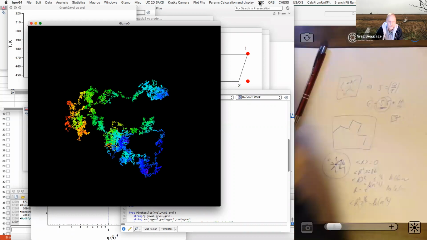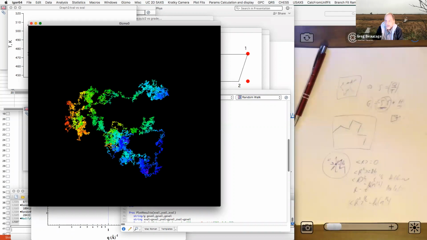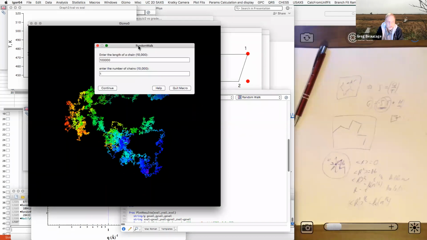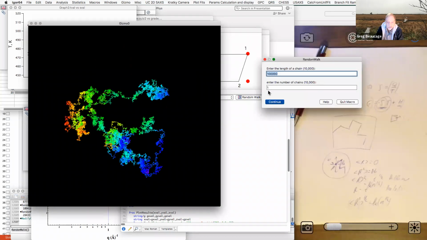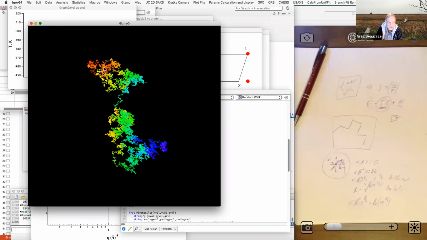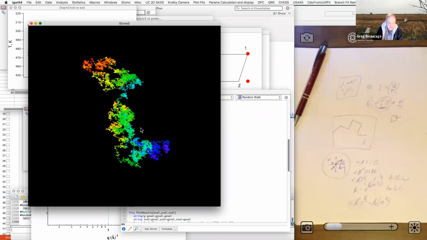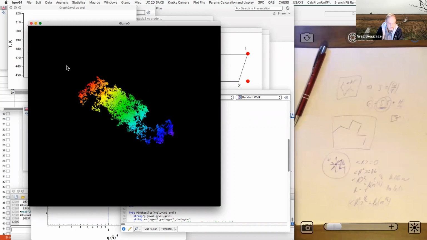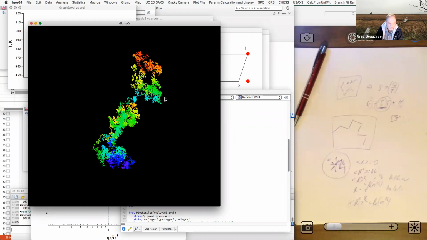And so you can see what happens here when you do this. So I just run that program. I'm doing a 10,000 step chain, and I'm going to do one chain. Every time I do it, it will look quite a bit different. So generally asymmetric. This is a typical polymer.